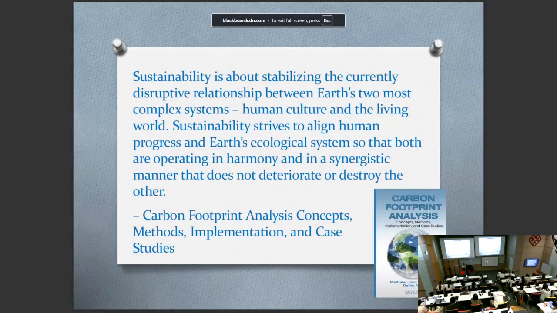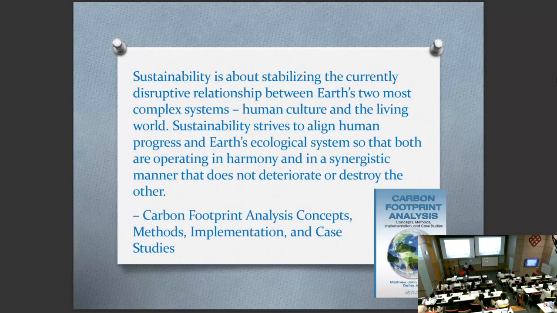And on this slide, we are referring to the definition by this book, Carbon Footprint Analysis. Sustainability is about stabilizing the currently disruptive relationship between Earth's two most complex systems, human culture and the living world.